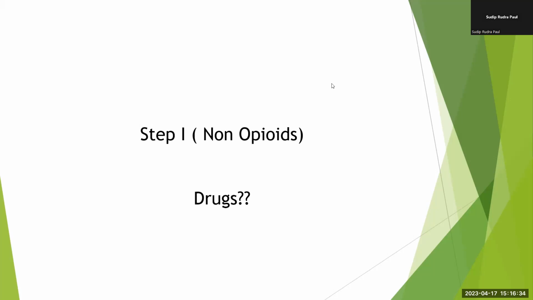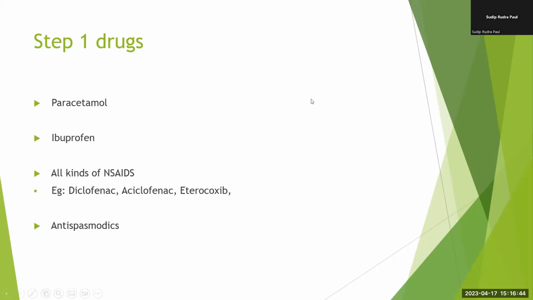Thank you all for your active participation. So paracetamol, ibuprofen, and all kinds of NSAIDs, maybe diclofenac, aceclofenac, etoricoxib, ketorolac, and antispasmodics also come under non-opioids. These medications all come under non-opioids.